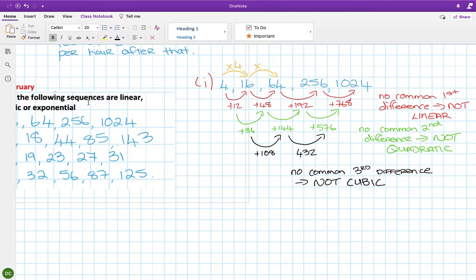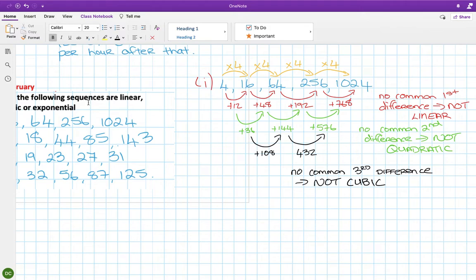What do I have to multiply 16 by to get 64? You check that by doing 64 divided by 16, which is 4. Looking good. Next one, what do I have to multiply 64 by to get 256? So 256 divided by 64, 4. And the last one, 1024 divided by 256, multiply 4.